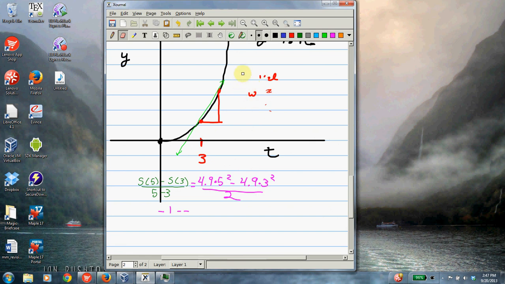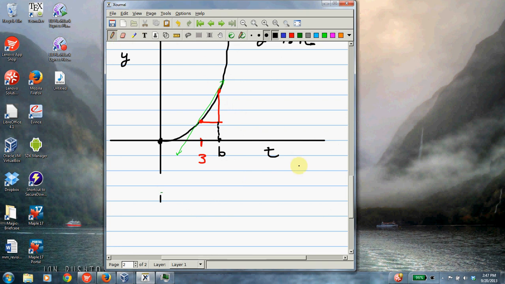So now instead of thinking about the average velocity, we're going to think about the instantaneous velocity. Alright, so what's going to be happening now is instead of considering some point 5, I'm going to be just considering some point b. So what if we did that? And so what we're going to do is we're going to find the average velocity.